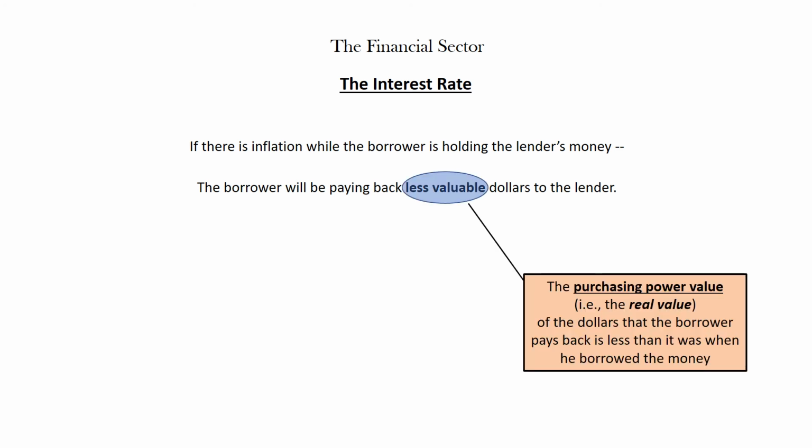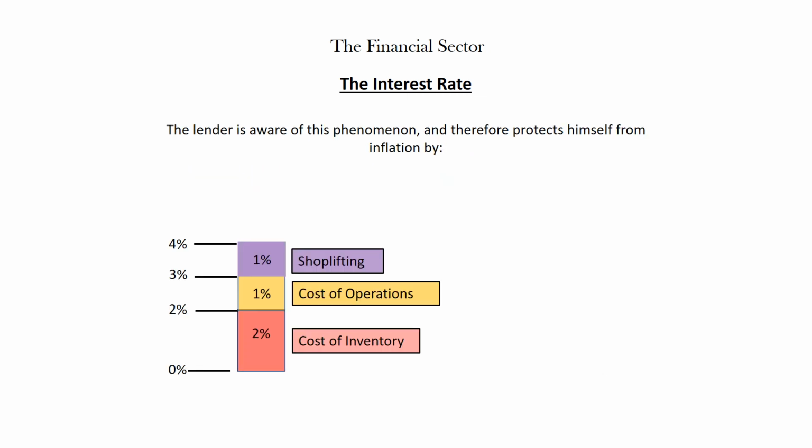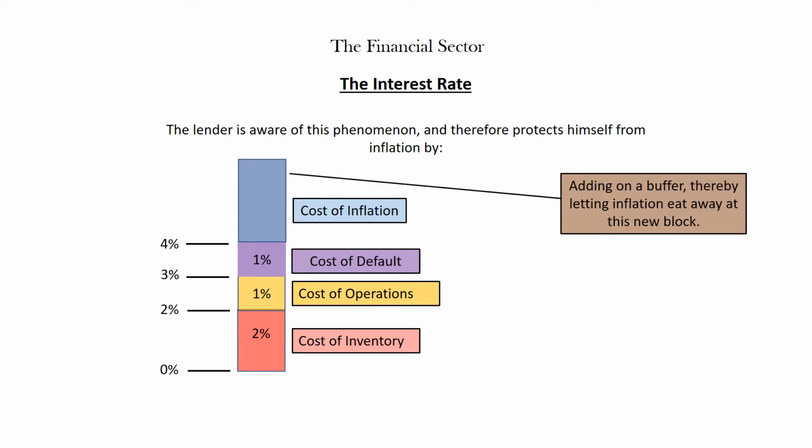The purchasing power value, that is the real value of the dollars that the borrower pays back, is less than it was when he borrowed the money. The lender is aware of this phenomenon and therefore protects himself from inflation by adding on a buffer and thereby letting inflation eat away at this new block.